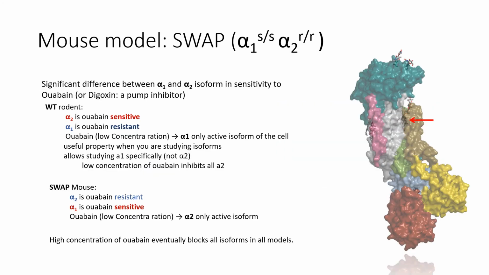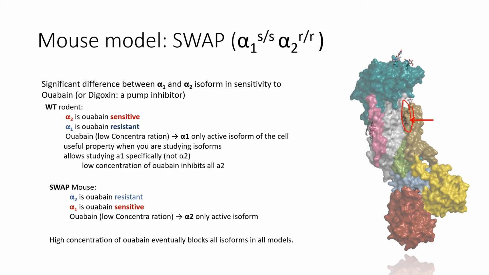Let me explain what the swap mouse is. One significant difference between alpha-1 and alpha-2 isoforms is their sensitivity to ouabain, which is a specific pump inhibitor. The binding site is here. Alpha-2 is ouabain sensitive in wild type rodents, and alpha-1 is ouabain resistant. So by treating samples with a low concentration of ouabain, alpha-1 will be the only active isoform of the cell.